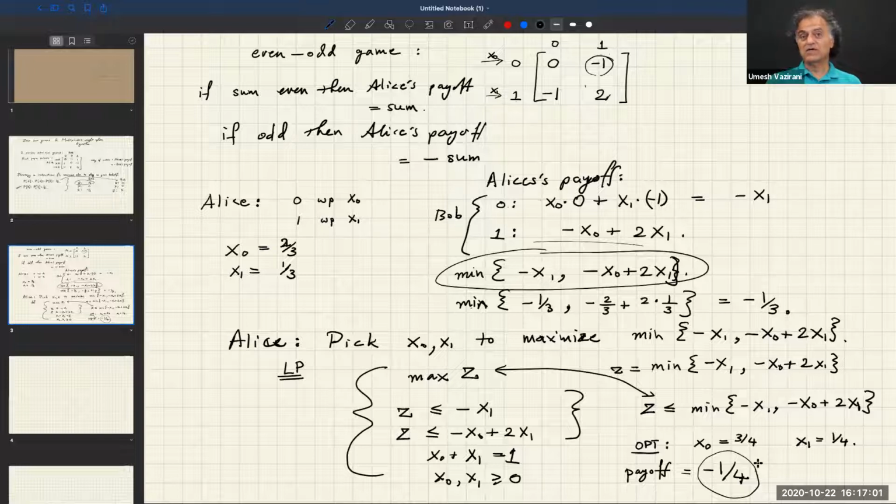And among all strategies that she could announce in advance, this is the best one, in the sense that if Bob is playing optimally, this is going to guarantee her the most.